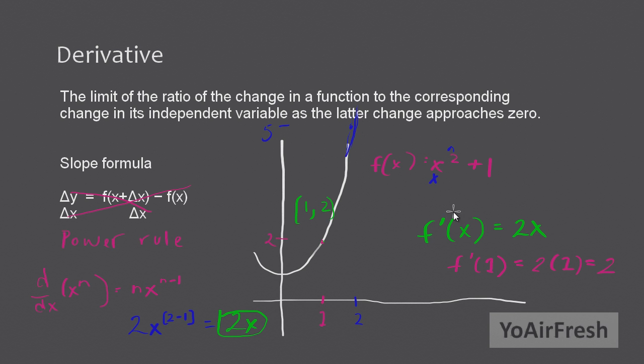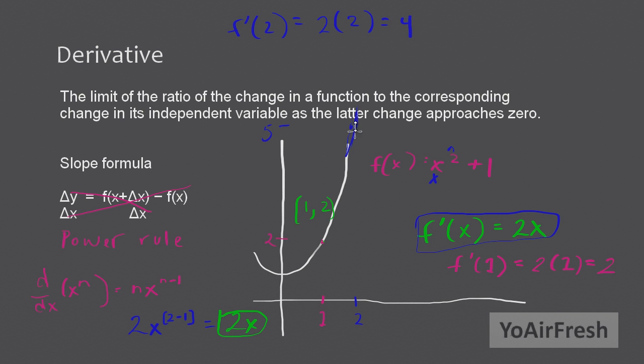And how do we find that? Well, we use the same exact formula, which is useful. You can use it for any point on this line. So if we plug that in, 2 equals 2 times 2, which equals 4.